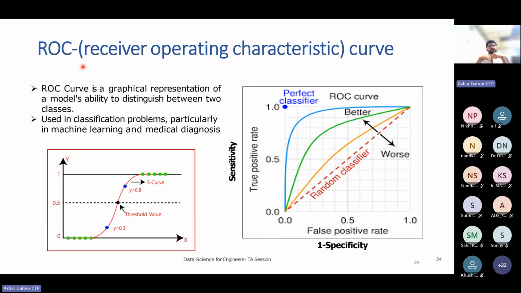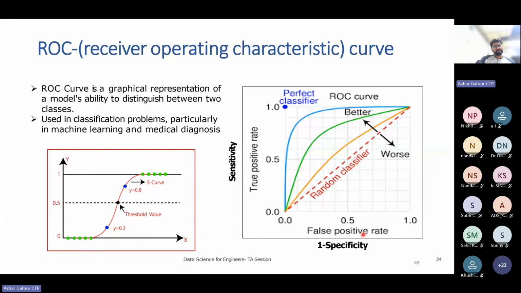Going back to our disease example, we have sick versus healthy persons, or spam versus real email. It plots the true positive rate against the false positive rate.